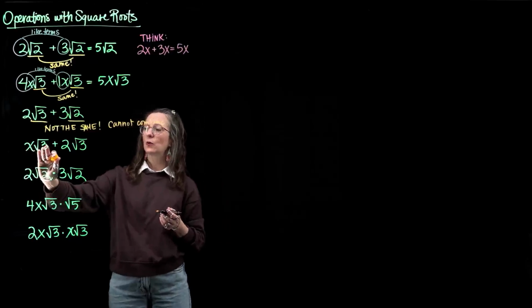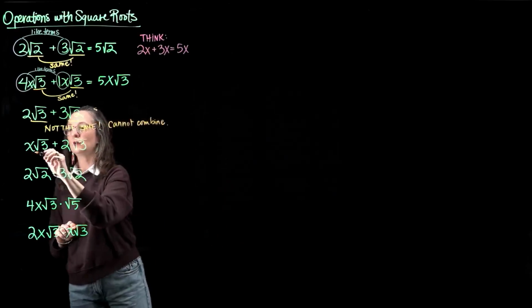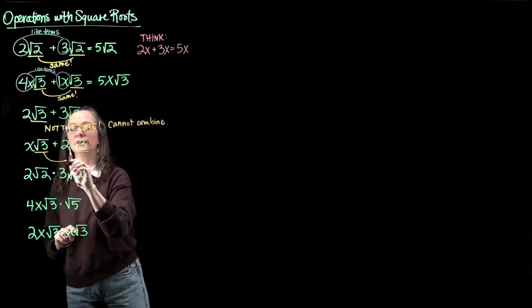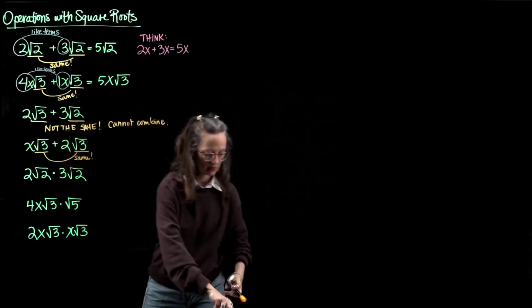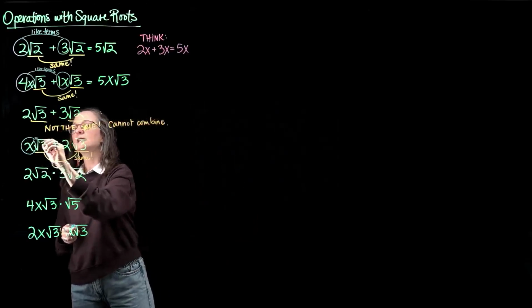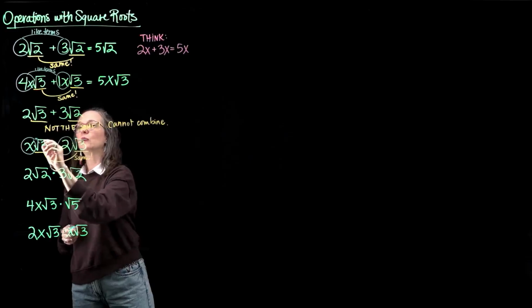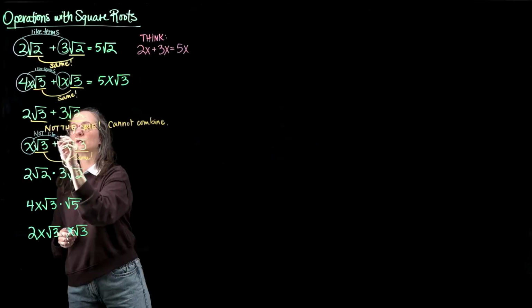All right? Let's look at another one. I have x square root of 3 plus 2 square root of 3. All right, my square root of 3's are the same. That's good. But then let's look at what's on the front. I have an x and a 2. These are not like terms.